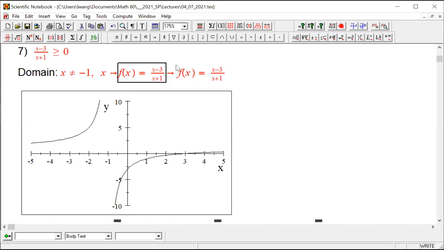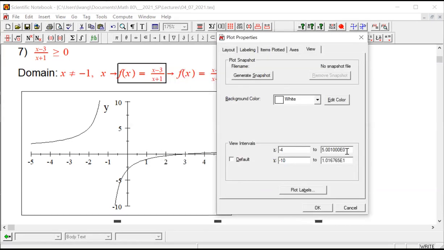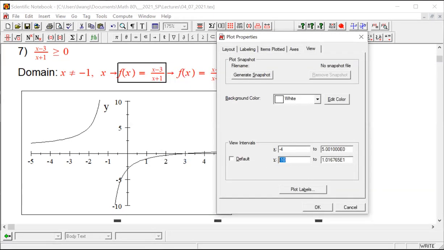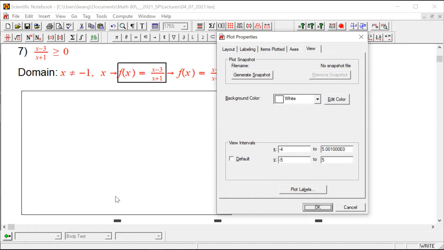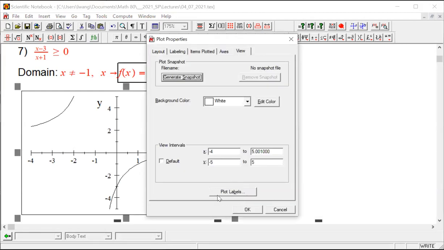Okay, so let me just make a little bit of adjustment so you can see the picture a little bit better. Okay, -4. So this is 5. That's good. So this is making -5, +5. That's not too cool, actually.